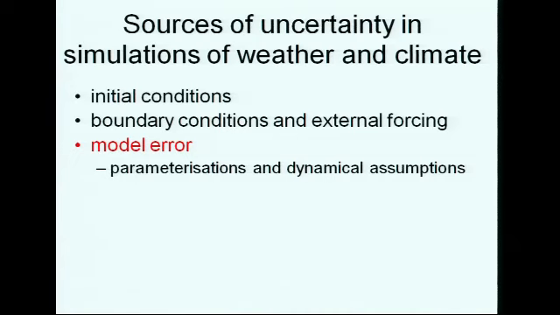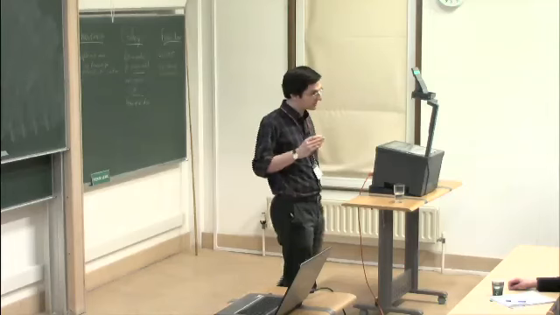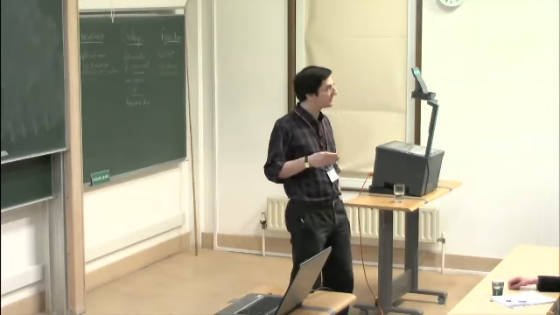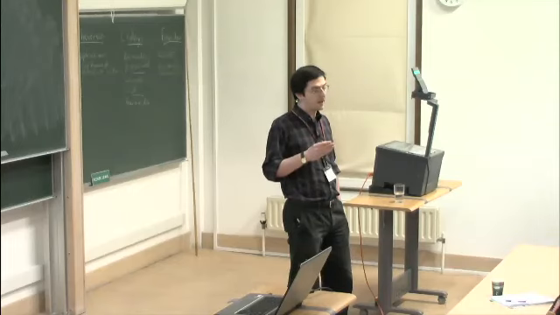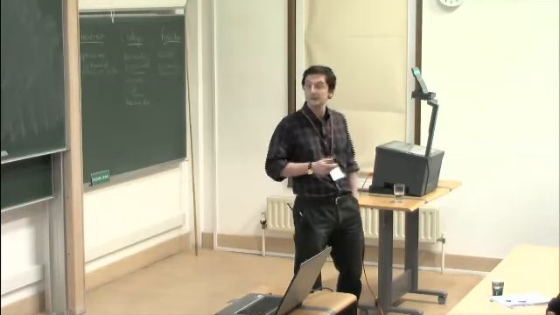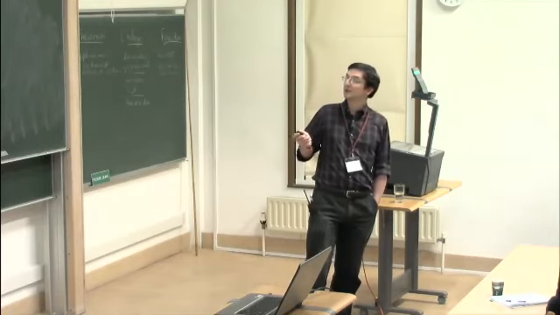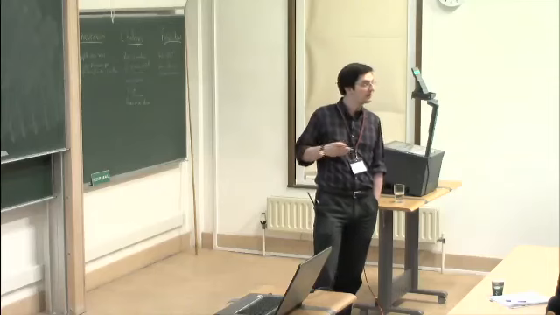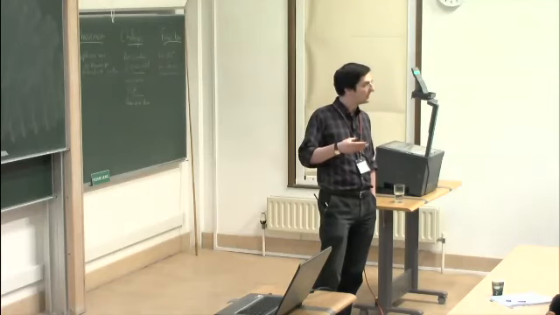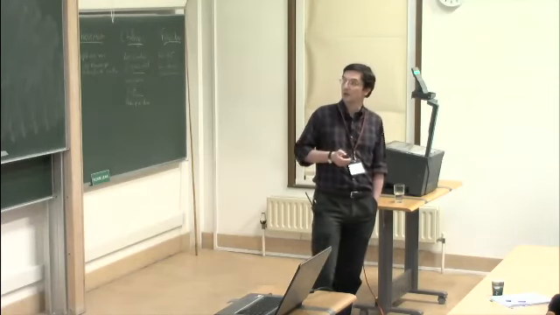That can be broken down, I think, into dynamical assumptions. If your model imposes or assumes hydrostatic balance in the vertical coordinates, then that is an assumption that breaks down in a certain limit on small time scales. Certainly the first computational weather predictions were done assuming geostrophic balance in the horizontal coordinate, and that contributed to errors in those forecasts.